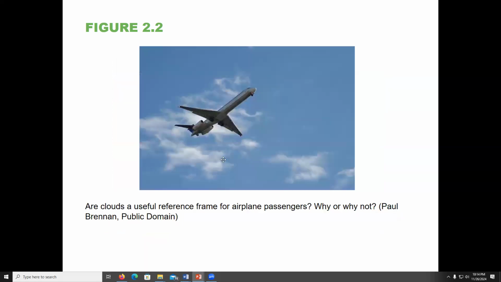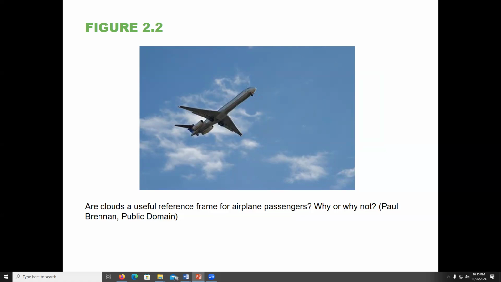Okay, so for example, here the question is, are clouds a useful reference frame for airplane passengers? Well, that doesn't make sense because clouds themselves are moving. So you need a stationary frame of reference, but then they also discovered that sometimes you need a moving frame of reference.